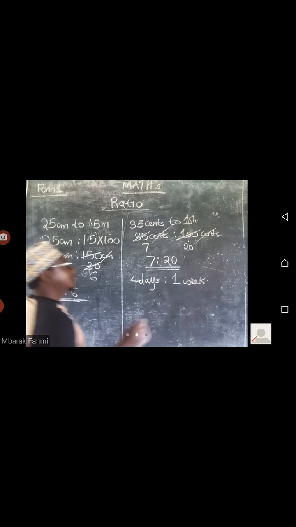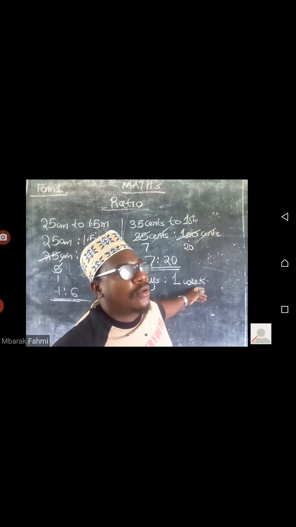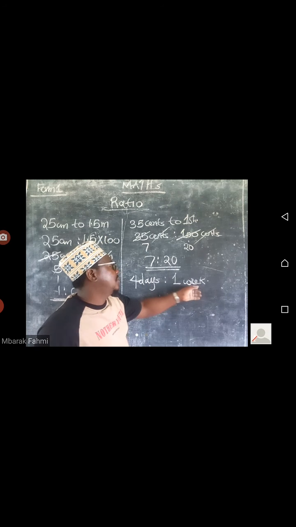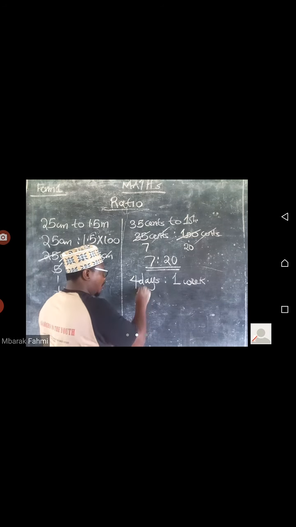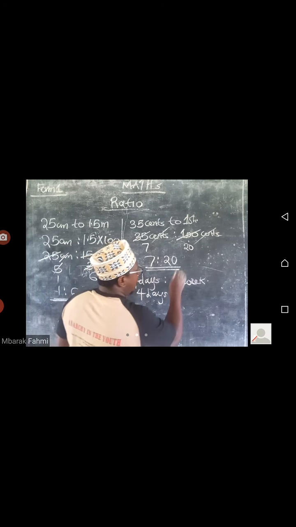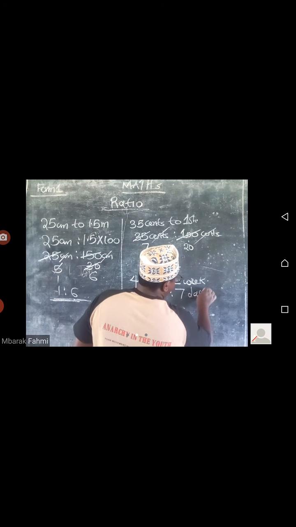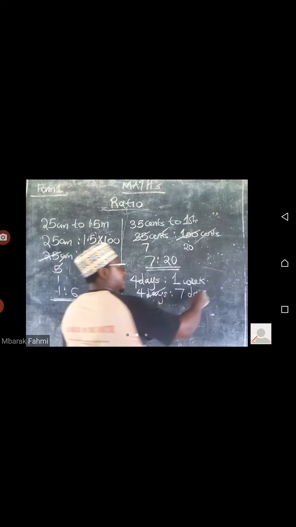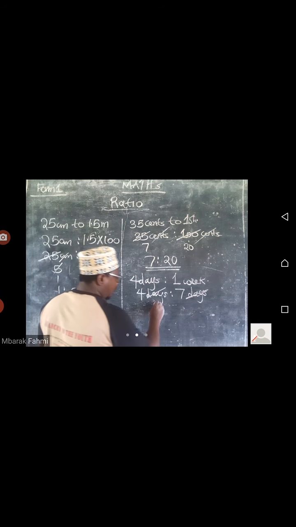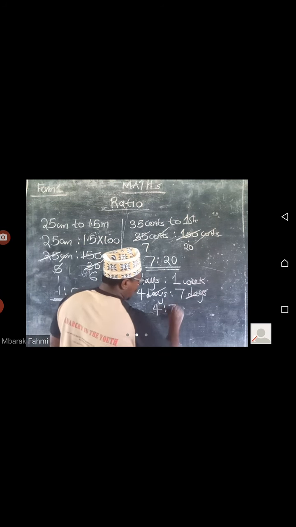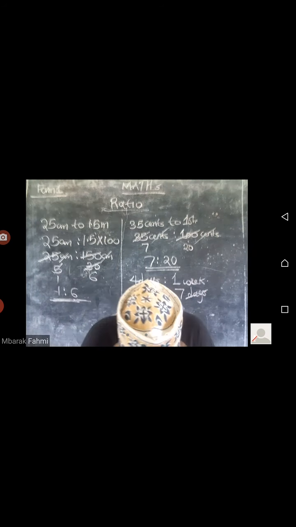Here a day is smaller than a week, so we convert the week into days so that we can easily simplify. So 4 days is to 1 week, which is equivalent to how many days? It is the same as 7 days. Days and days will cancel, and 4 and 7 have no common factor. Therefore, it is just going to be 4 is to 7.